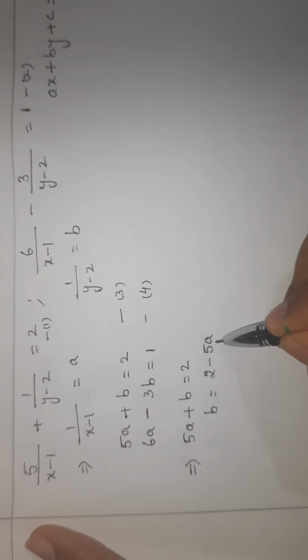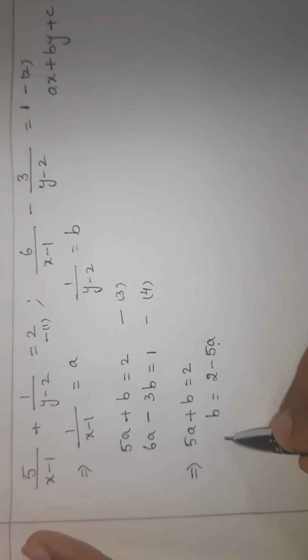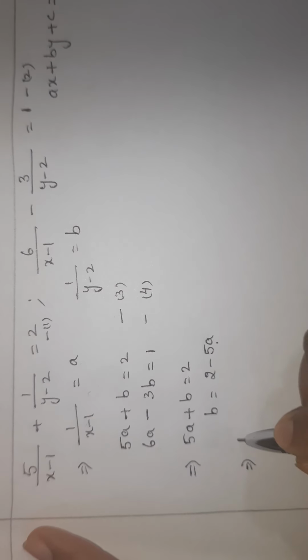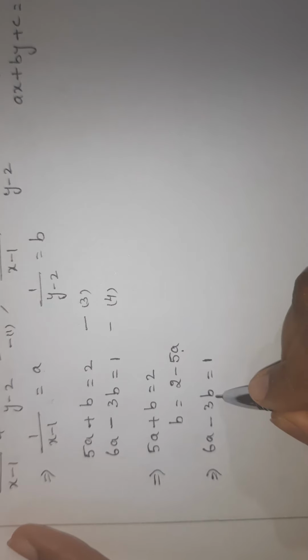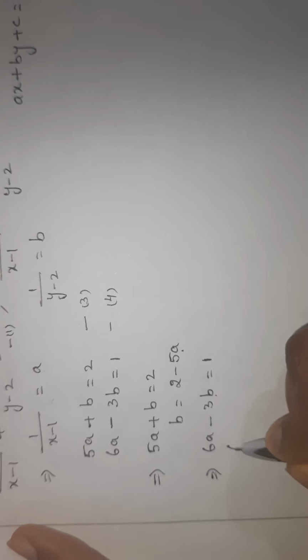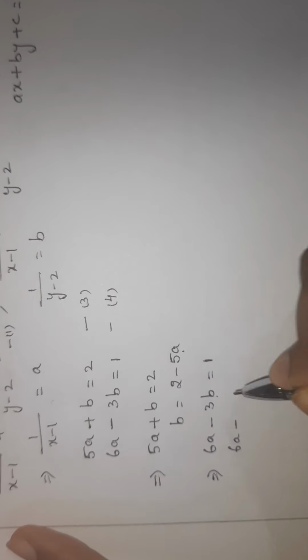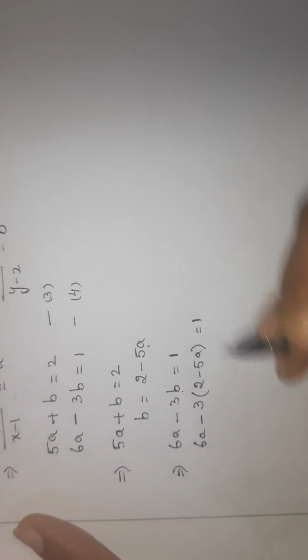Now substituting this value in the fourth equation, we will get the a value. Now what is the fourth equation? 6a minus 3b is equal to 1. Now in the place of b we have to substitute 2 minus 5a. Therefore it becomes 6a minus 3 times (2 minus 5a) is equal to 1.